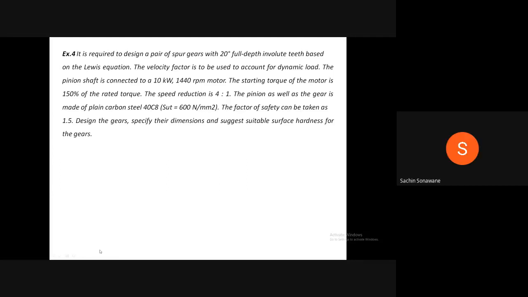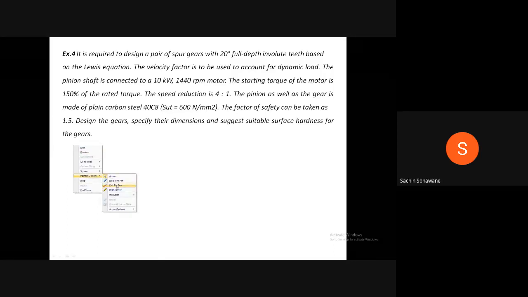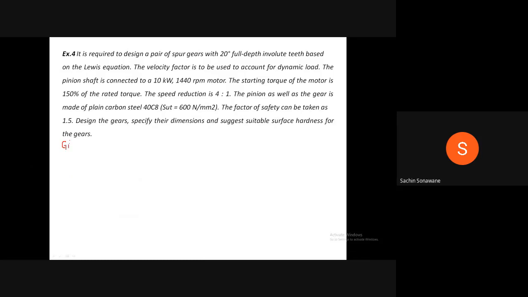Okay, therefore we'll write down the given data. Given kilowatt is equal to 10, then pressure angle phi is equal to 20 degree, then speed of pinion they are given NP 1440 RPM.